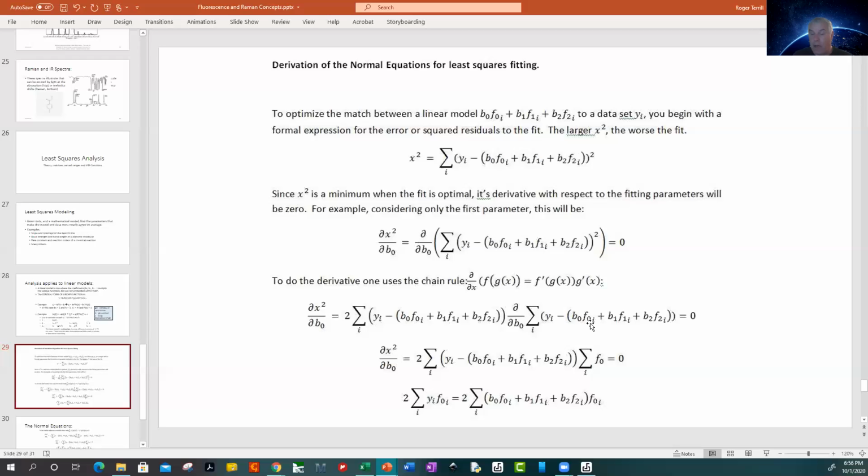F0 is always just a bunch of numbers. So the partial of chi-squared with respect to b0 is 2 times the sum of the residuals times f0. And the trick to finding b0 is setting this equal to 0 and solving for b0.